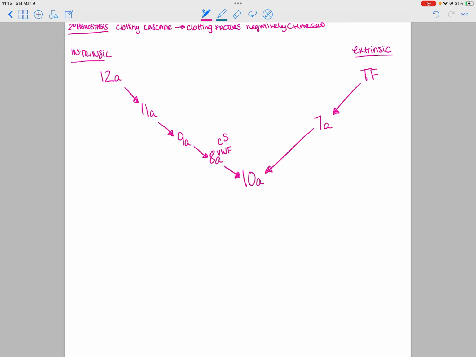Now, I like to draw factor 5A here with factor 10A. Again, it's only for simplicity's sake. Factor 5 also has VWF as a cofactor, as well as protein C and protein S. Keep in mind that protein C and protein S work with factor 5 more. However, they still work with factor 8.